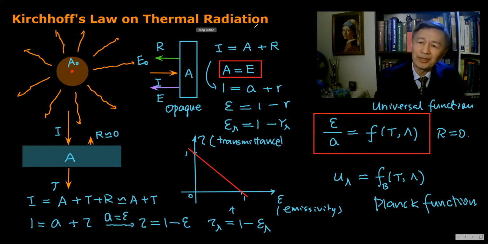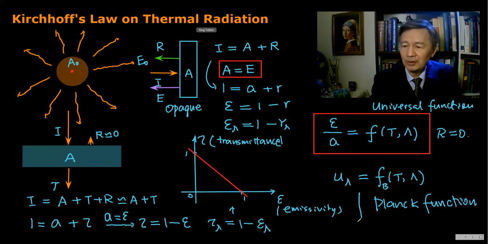Now, for the first time, we mention a color. This formula is very interesting, and we can talk more about it today. This is called the black body, black body radiation.